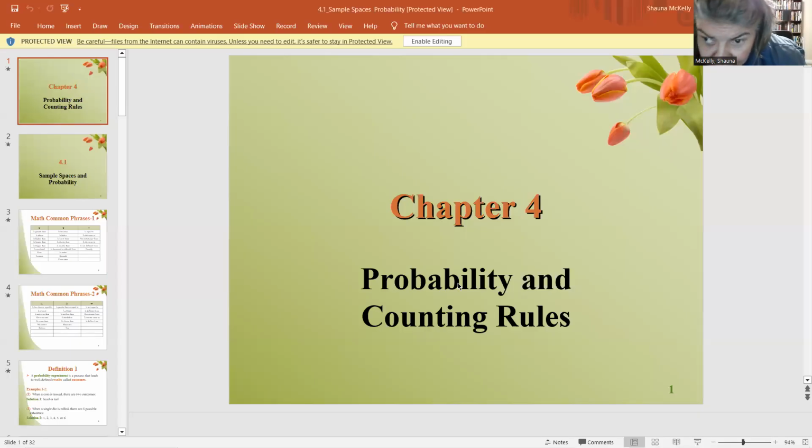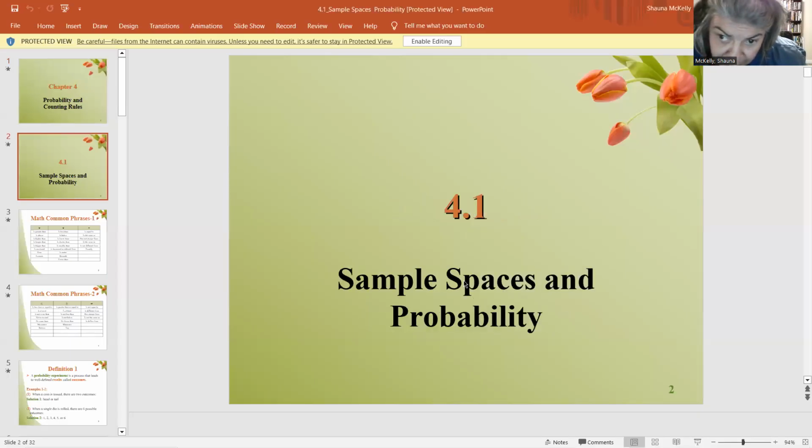So here are the PowerPoints. Let me share the screen here and show you what we have going on. So probability and counting rules is what the whole chapter is on. Chapter 4.1 is on sample spaces and probability.